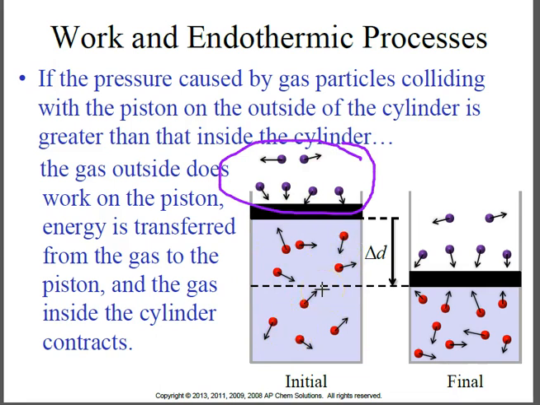And those are both causing pressure. If the outside particles are hitting the container more often than the inside particles, that would mean their pressure would be more. So if the pressure outside is greater than the pressure inside, then the piston top would go down. So energy is coming from the outside to the inside.